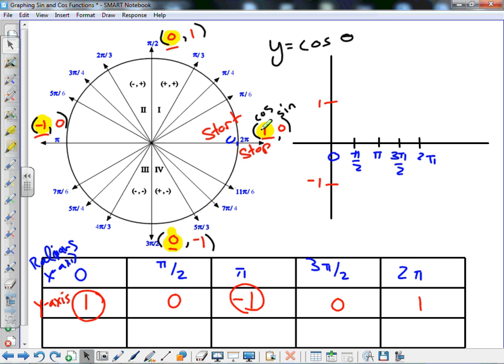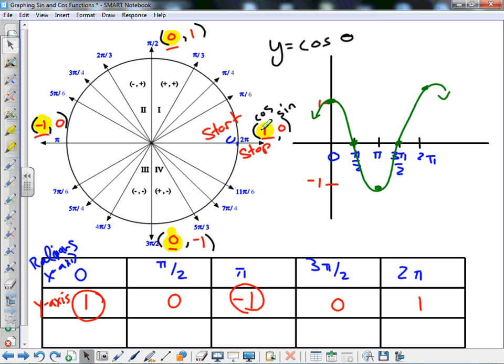And now we plot our points. At 0, now we're at 1. At pi over 2, we're at 0. At pi, we're at negative 1. At 3 pi over 2, we're at 0. And at 2 pi, we're back at 1. So we curve through our points and make that wave.